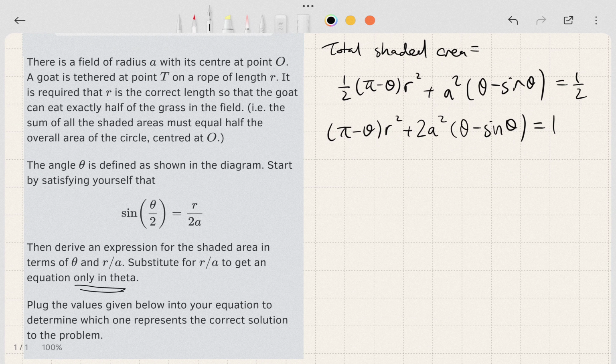And we should try to use the information that sine of theta over 2 is equal to r over 2a, because it's going to be quite necessary for us to perform calculations based on that.